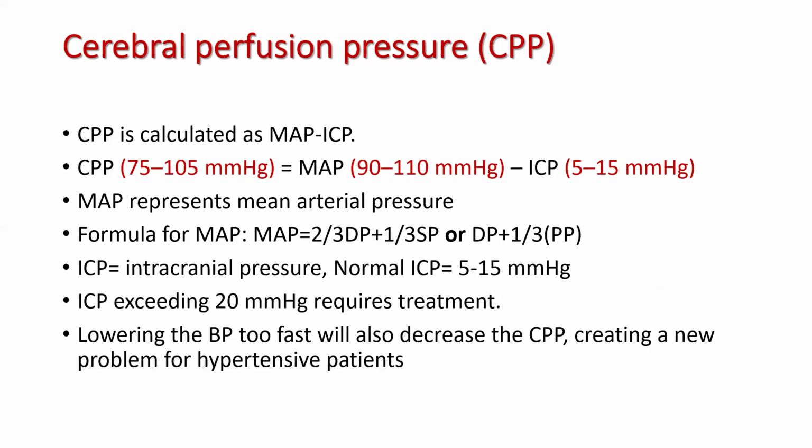Then what is the normal amount of blood that flows to the brain? You need to know the normal physiology to appreciate where this passage is. It is 15% of the cardiac output. What amount of blood flows to the brain in a minute?